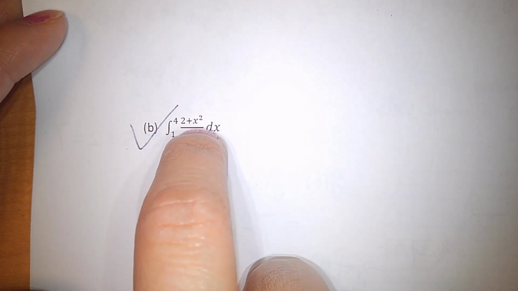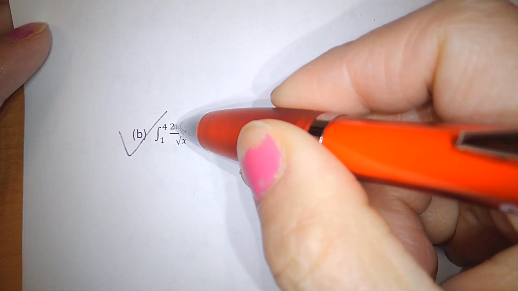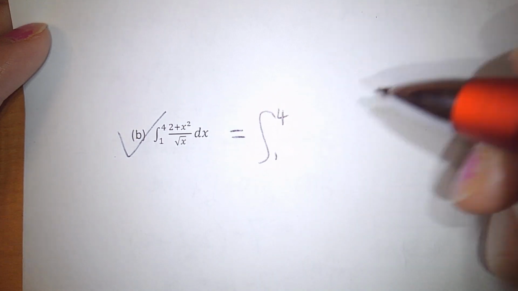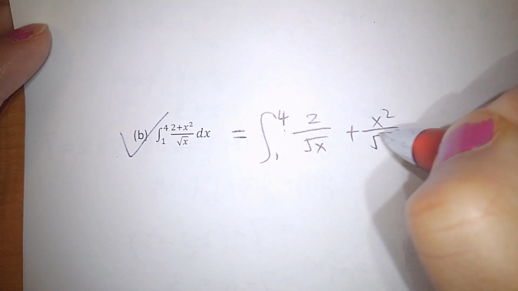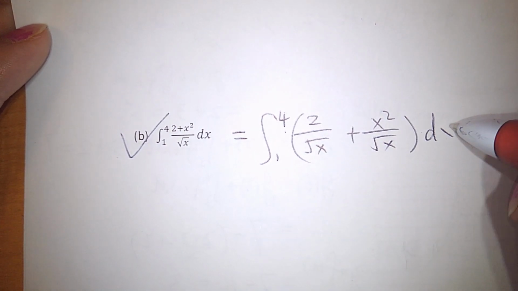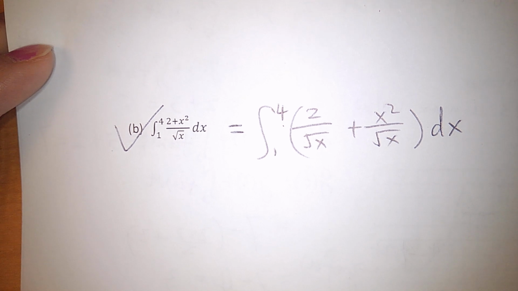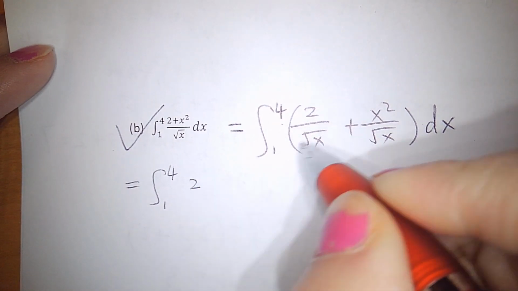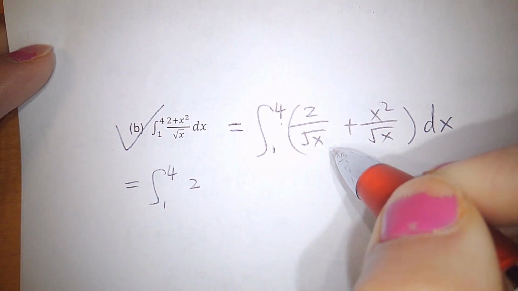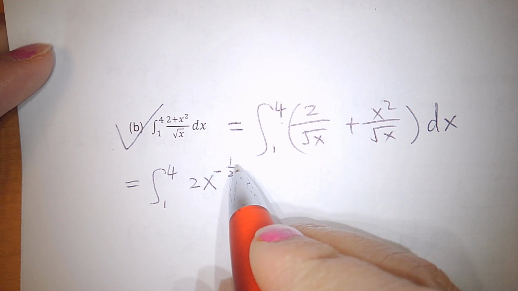But can we split this integrand, this function? I don't want to skip steps, because if I skip steps, you guys will not follow. How about this? Split it into two terms. The integral from 1 to 4 of 2 divided by square root of x, that is x to the negative 1/2.